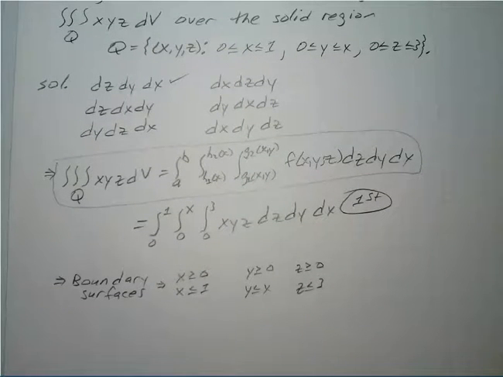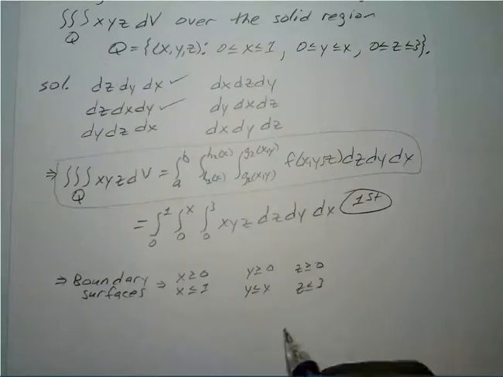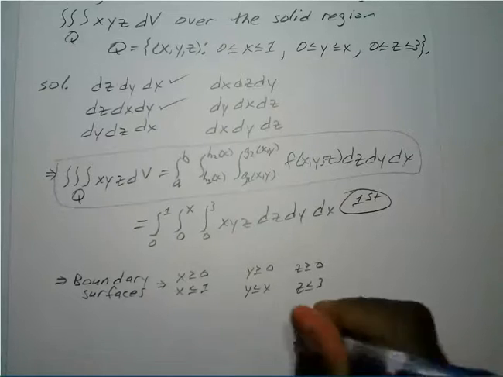So how can we use that to change our order of integration? The thing is, you just have to pick one that you want to put in that order. Let's say we pick this one, dz, dx, dy. Let me move that down a little bit.